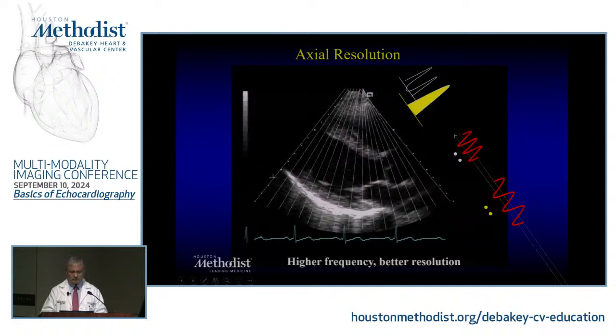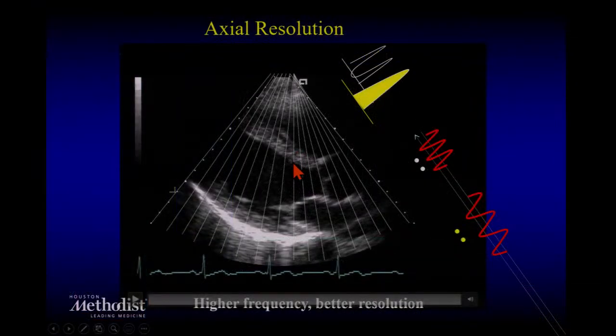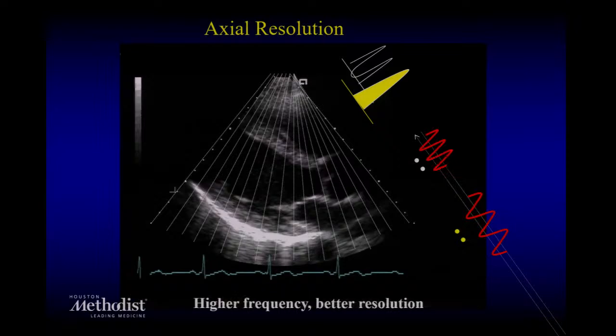So axial resolution is along the scan line, okay? Along this scan line, how can you differentiate a dot from here to a dot here? If you cannot differentiate them, they're going to look as one, right? And you could tell already from what we talked about that if you have a transducer that's emitting a higher frequency, let's say 5 megahertz as opposed to a 2.5 megahertz transducer, the wavelength is smaller.